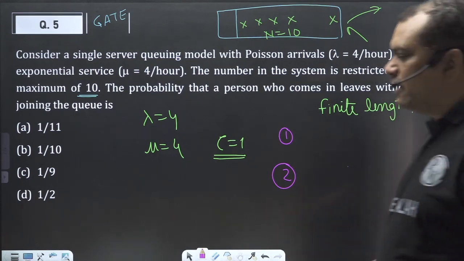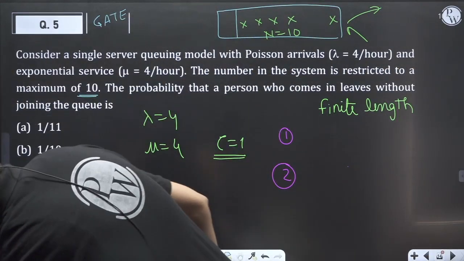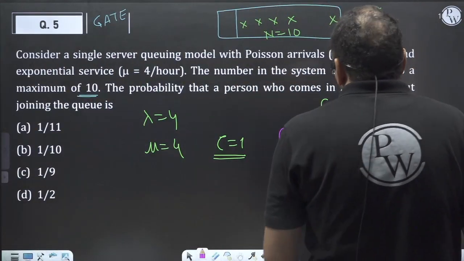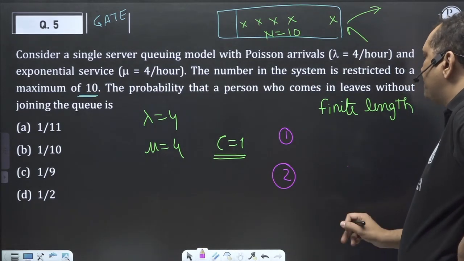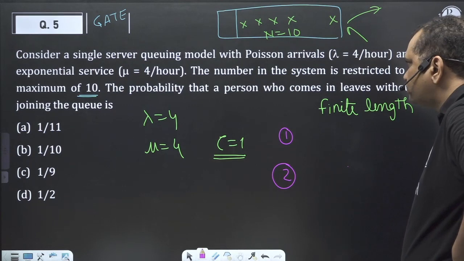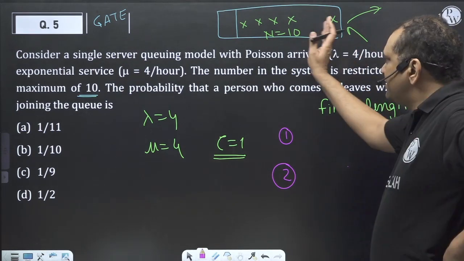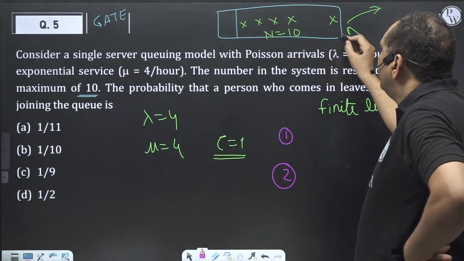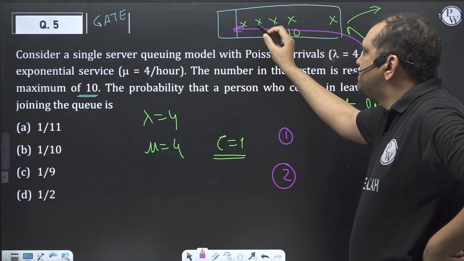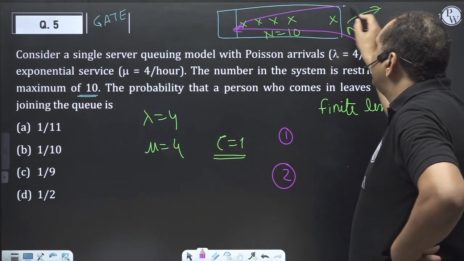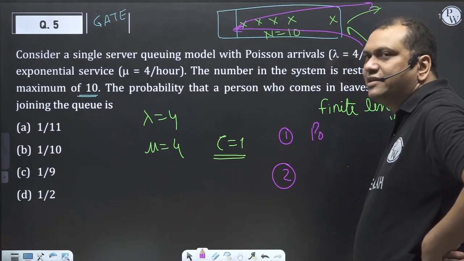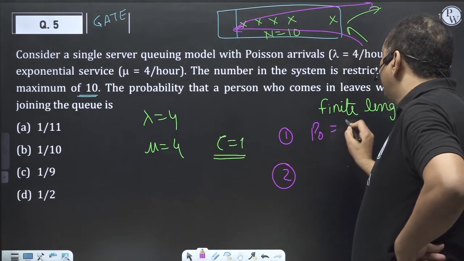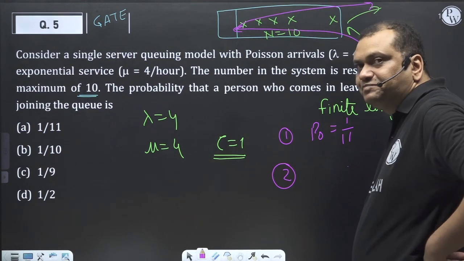So now this problem, probability that the person who comes and leaves without joining the queue. First is that there is nobody in the system. He directly gets into the facility and after availing the service gets out. What is the probability that there is nobody in the system? It is 1 by 11.